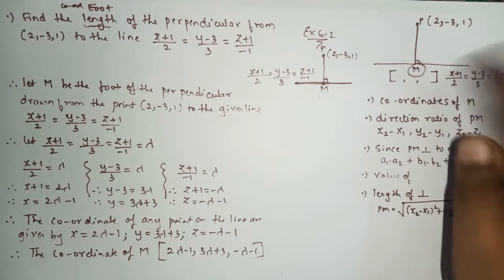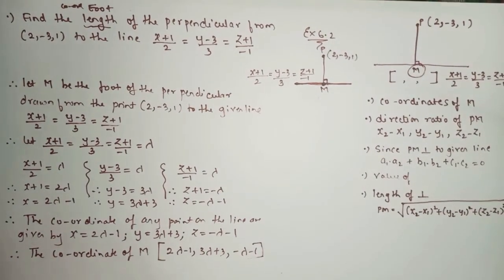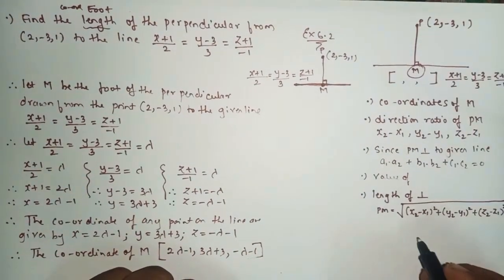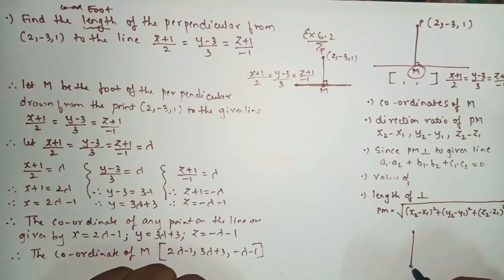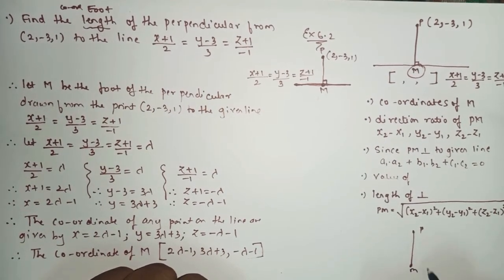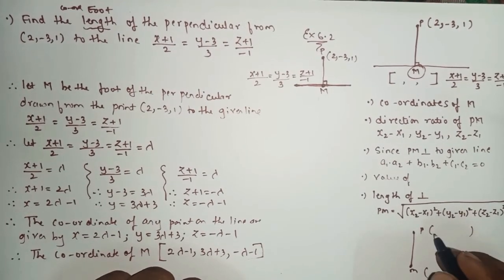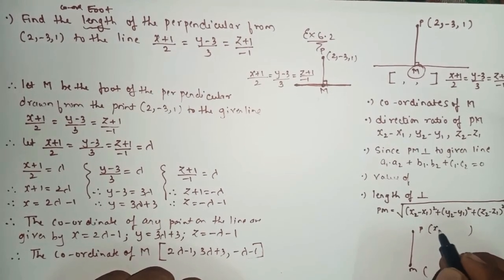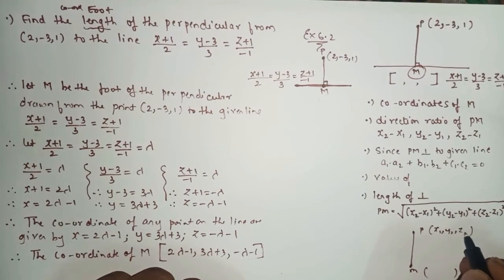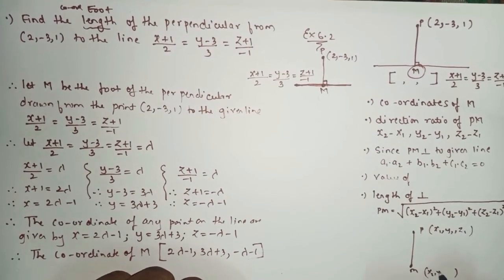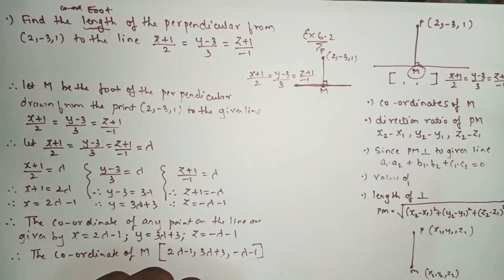So now listen here. Can you see this line PM? We'll consider P as x1, y1, z1, and M as x2, y2, z2.